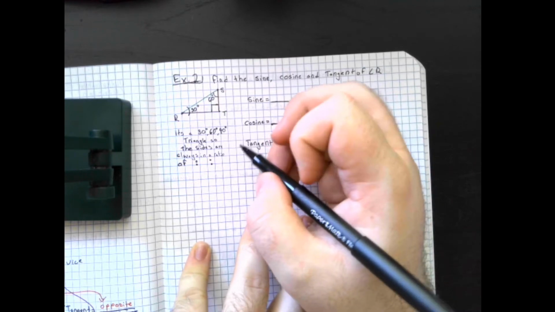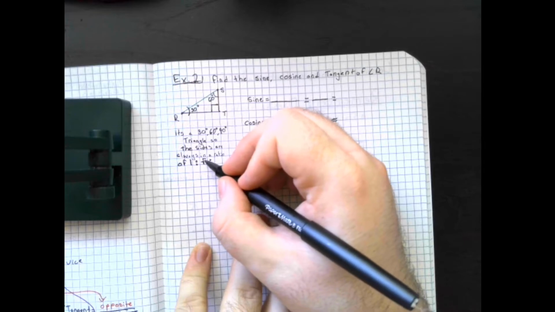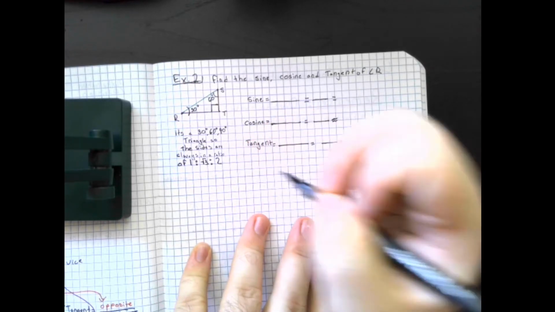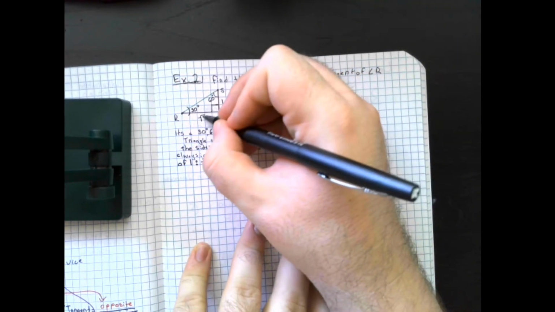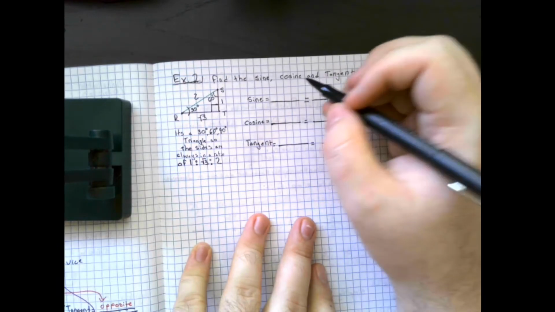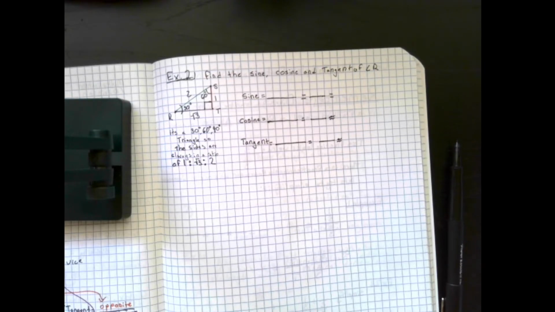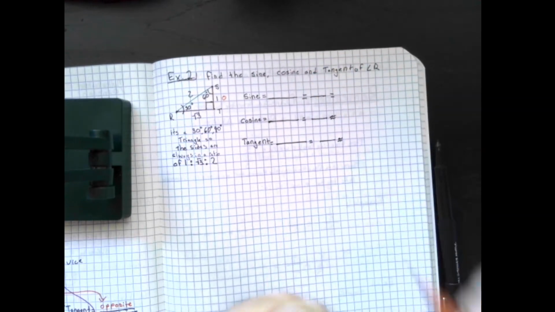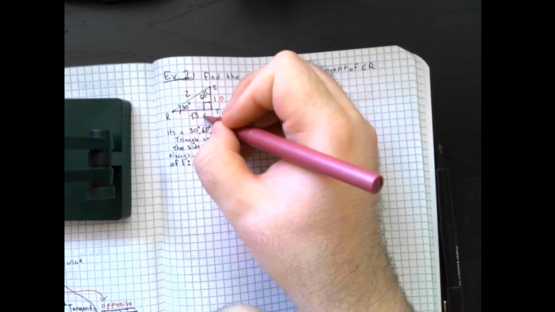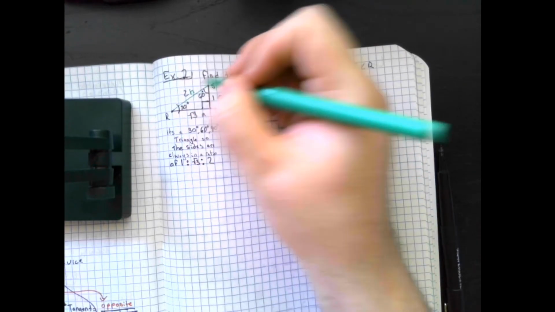And a 30, 60, 90 triangle always has a leg of 1, a leg of root 3, and a hypotenuse of 2. Now, we want to label those as opposite, adjacent, and hypotenuse. The opposite from R is the side which is 1. The adjacent to R is the root 3. And the hypotenuse is the 2.